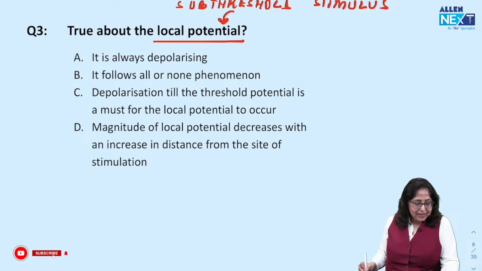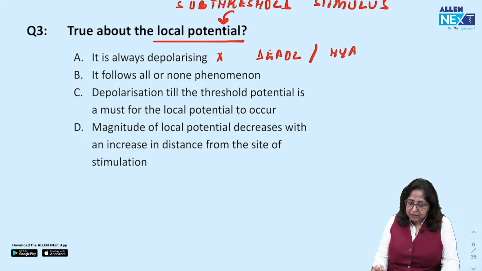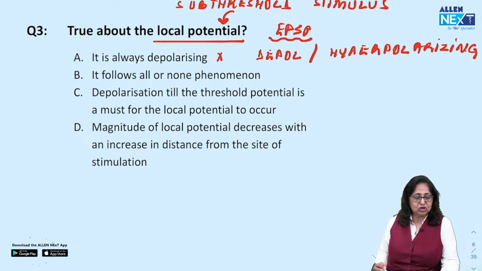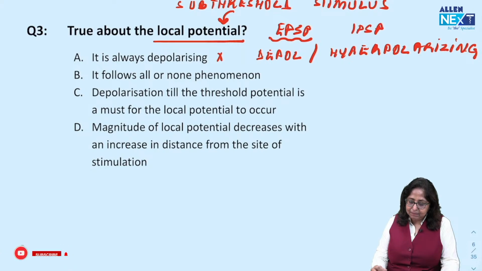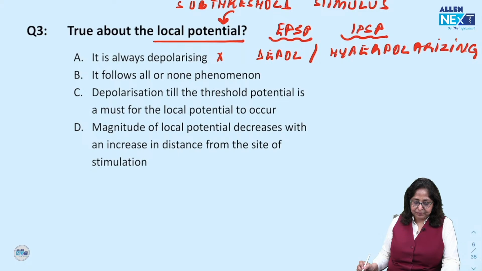Now, is it always depolarizing? No. It can be depolarizing or it can be a hyperpolarizing potential. A depolarizing local potential is known as an EPSP, excitatory postsynaptic potential. A hyperpolarizing local potential is known as an IPSP, inhibitory postsynaptic potential.